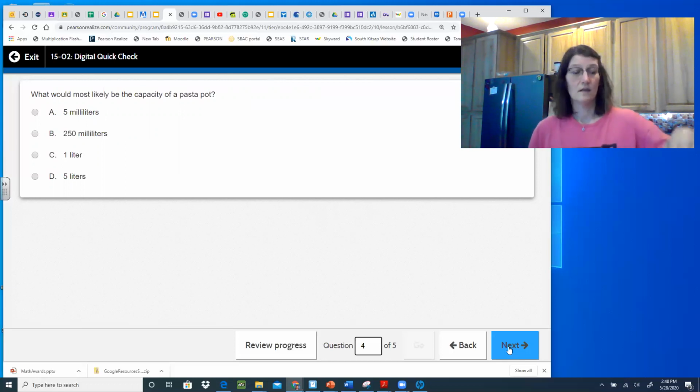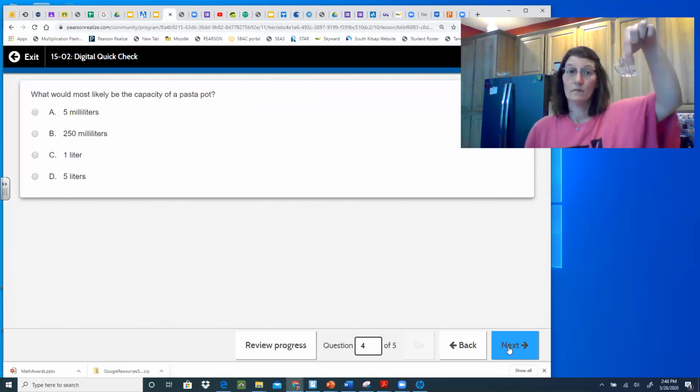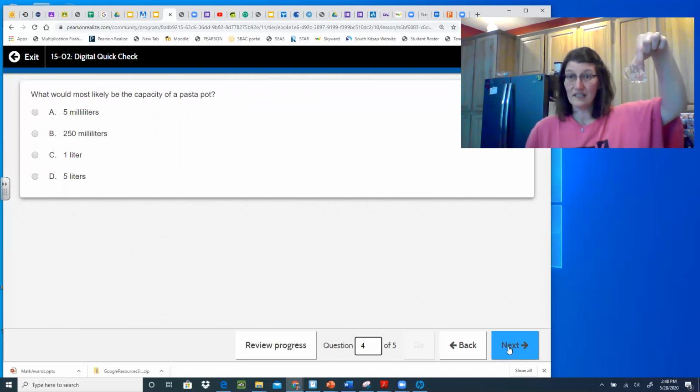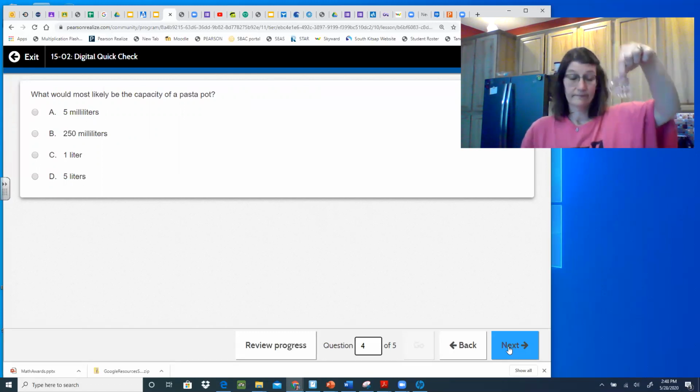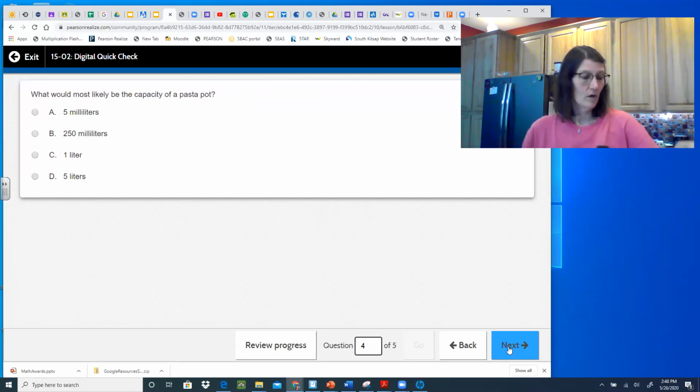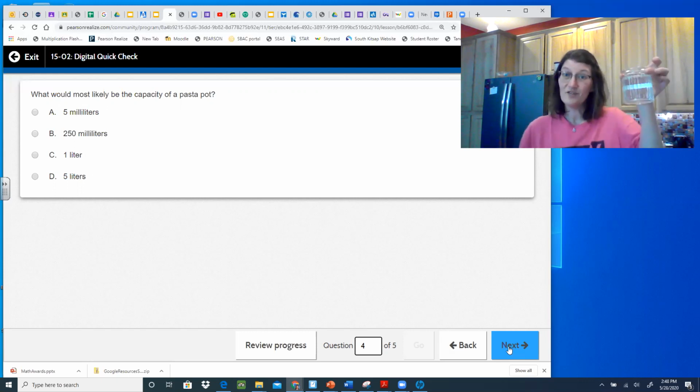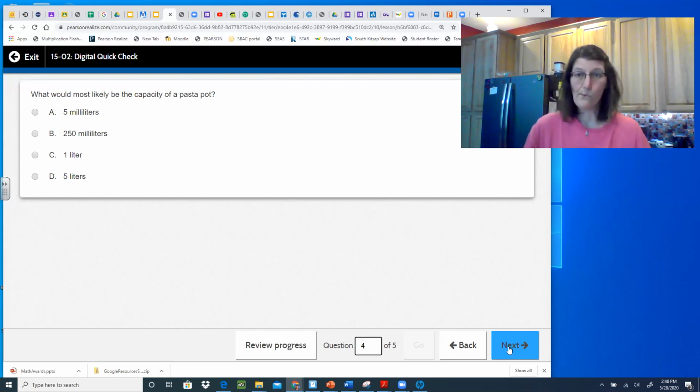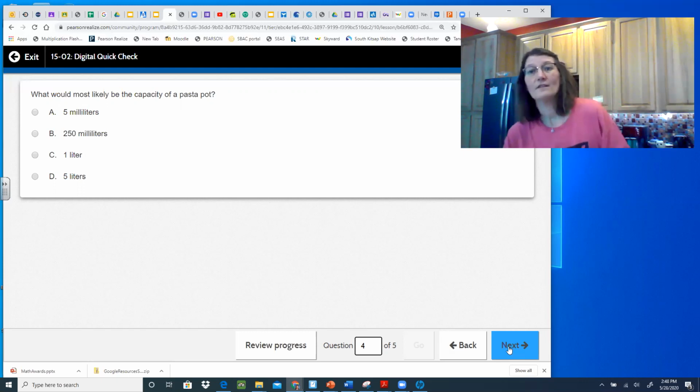Remember this was 20. So could you boil pasta in 5? 250. This one was 300. Could you boil pasta in that much water? Now you have some choices.